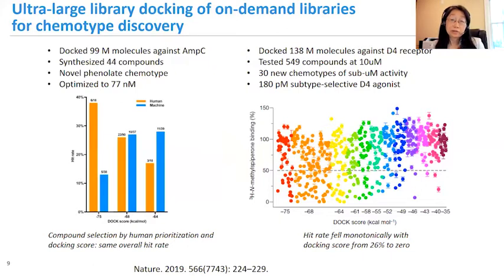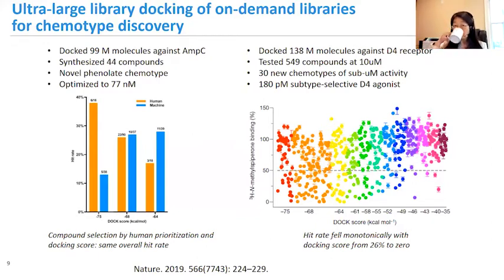This is a reference that Thomas has touched on as well. On 2 separate targets, AmpC beta lactamase, as well as the D4 receptor, the totally different chemical classes, or I'm sorry, biological classes.